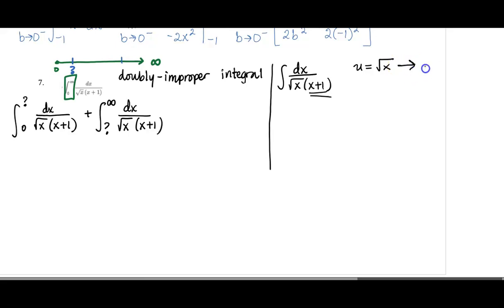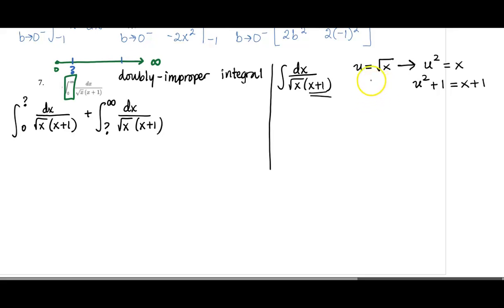But I could do a double substitution and square both sides to see that u squared is equal to x, which means that u squared plus 1 is equal to x plus 1. So I could substitute something in down there.